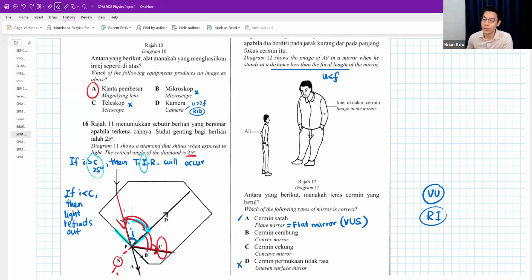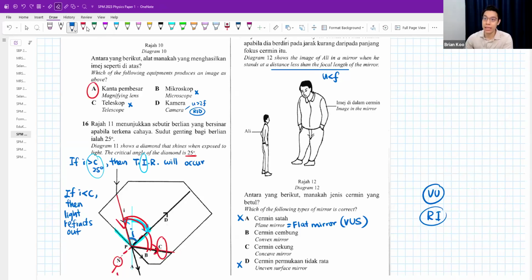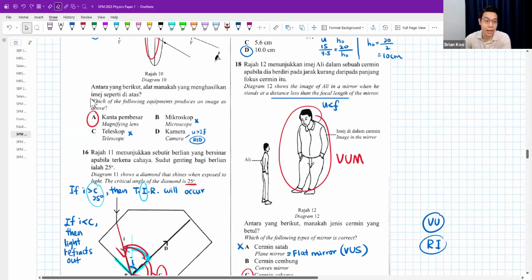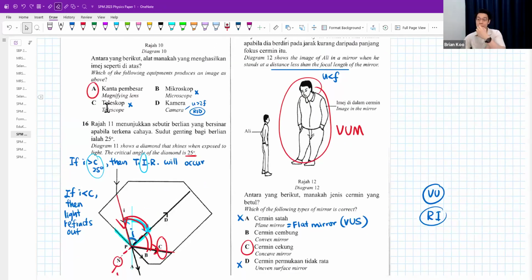I don't think so. It's not D also. So it's either B or C. The image that you get is virtual, upright, and Ali looks much bigger. Virtual, upright, magnified. Only one kind of mirror can give you virtual, upright, and magnified. That is a concave mirror, C. Okay, a concave mirror, C. A convex mirror can only give you virtual, upright, diminished.